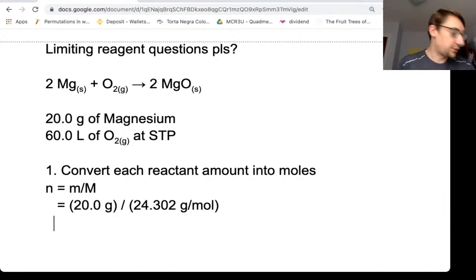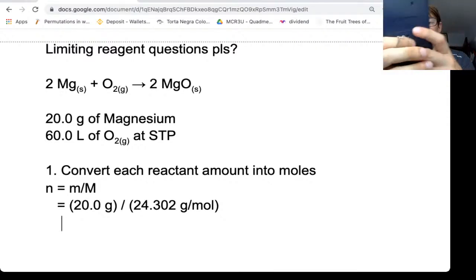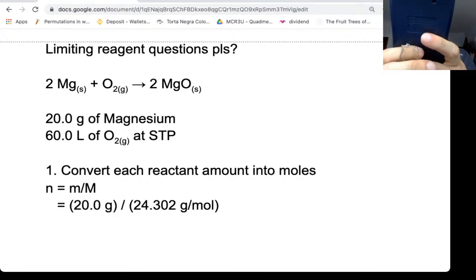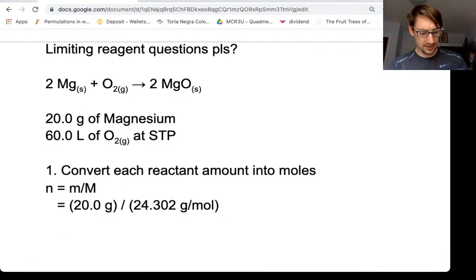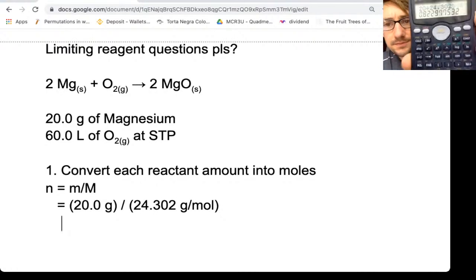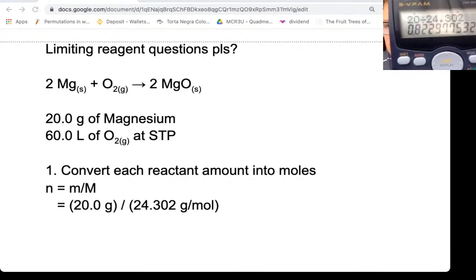You know what this calls for? This calls for a little bit of calculator work. Bam. 20 grams divided by 24.302. Now, I turned the resolution down on my camera, but you might be able to see what I've typed.